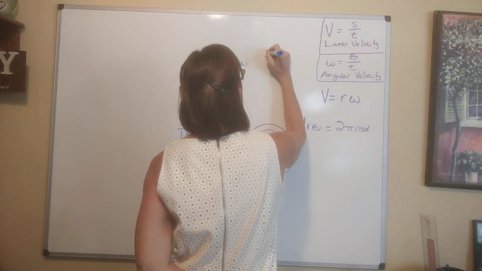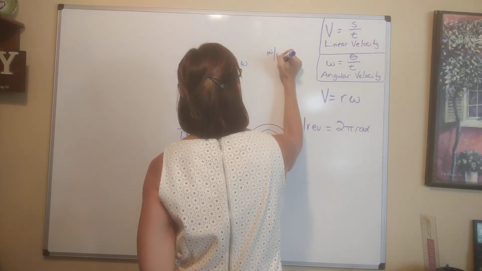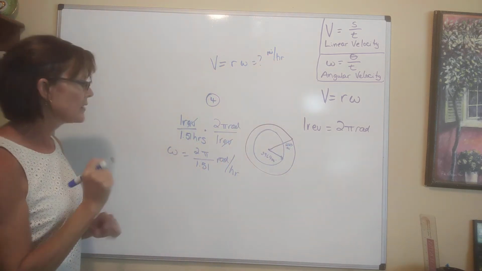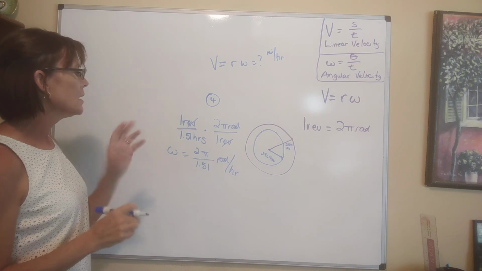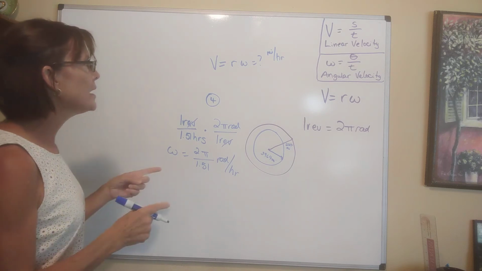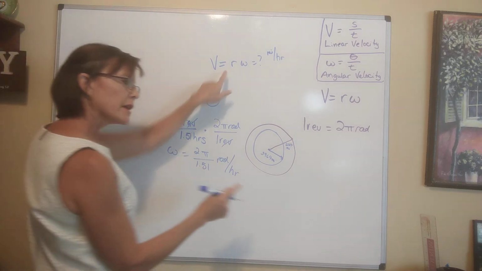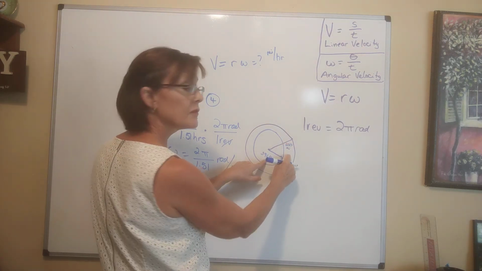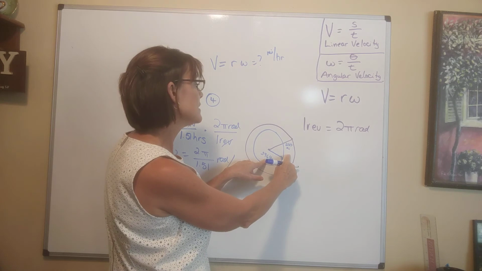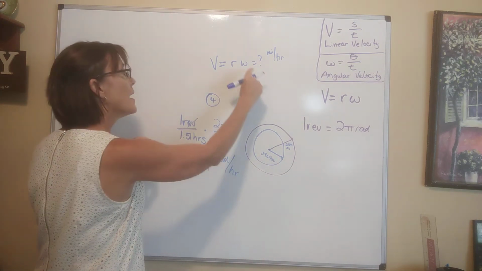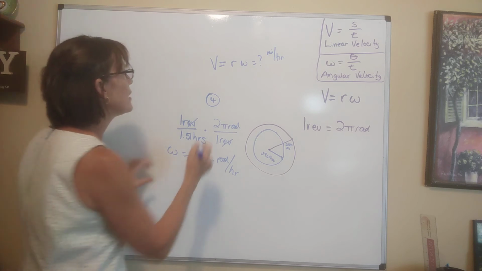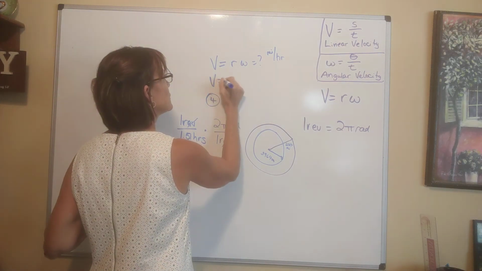This is what we don't know. Let's see if we have to convert anything. The radius is the radius of the shuttle, so it's going to be 3964 plus 250, and it's in miles. The omega is in per hour, so we don't have to convert that. We're good to go.